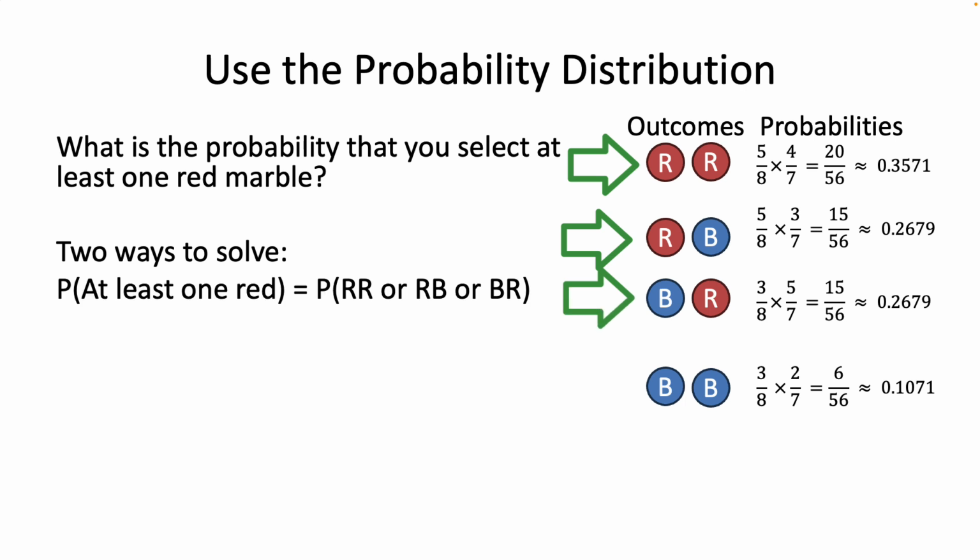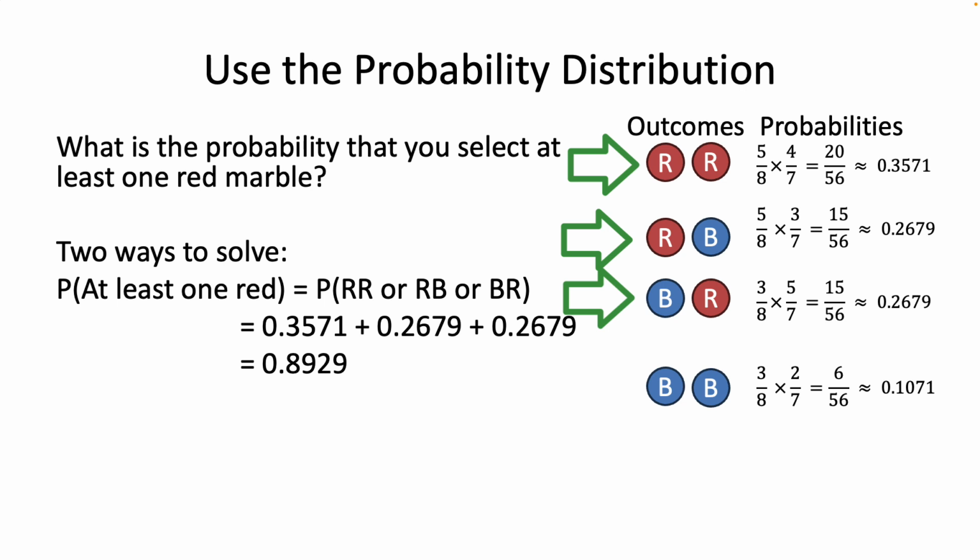So the probability of at least 1 red would be the same as the probability they're both red, or red then blue, or blue then red. Or in probability is addition. So I would add up those 3 probabilities. So 0.3571 plus 0.2679 plus 0.2679, and that would give me 0.8929.